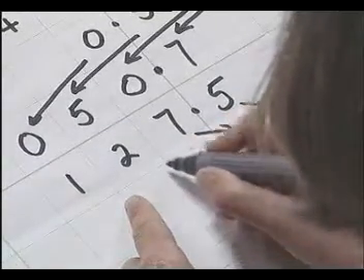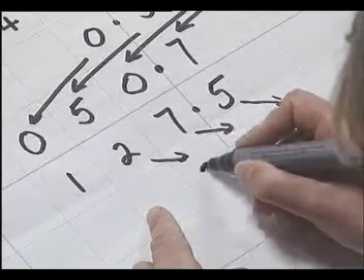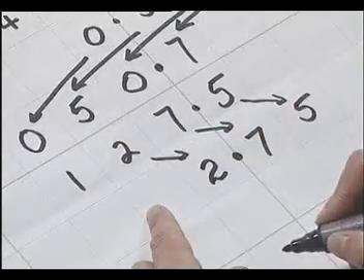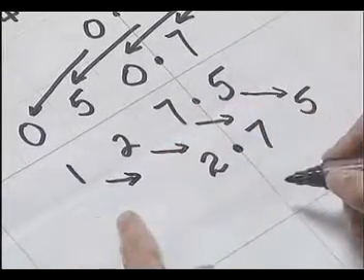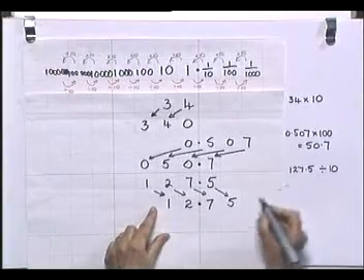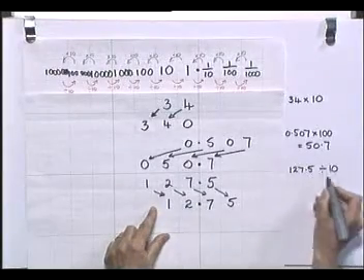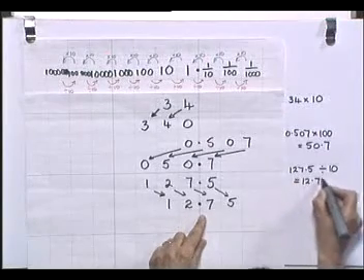The 2 represents tens, so let's divide by 10, and it becomes 2 units. Our hundreds, we have 100 divided by 10, and it becomes a 10. So 127.5 divided by 10 is 12.75.